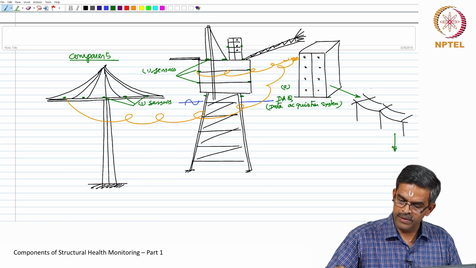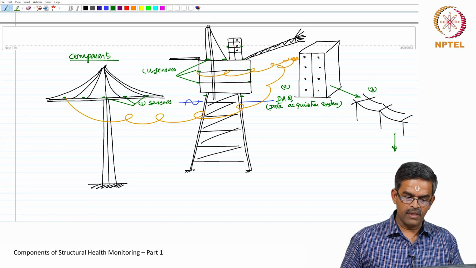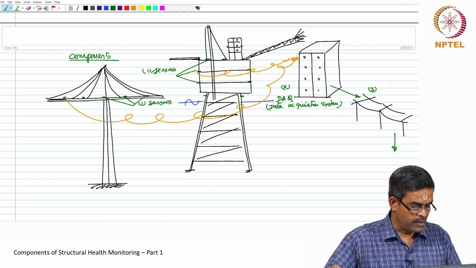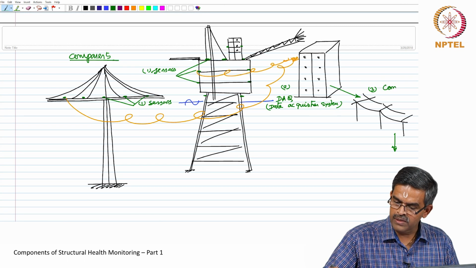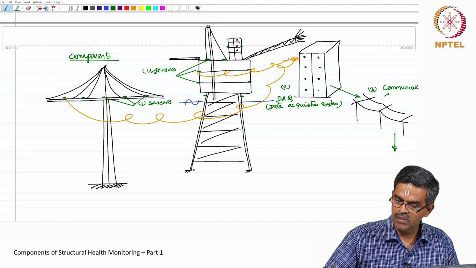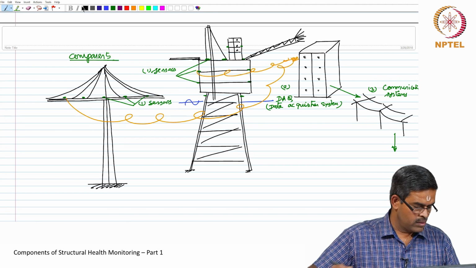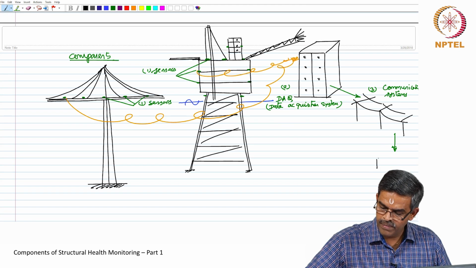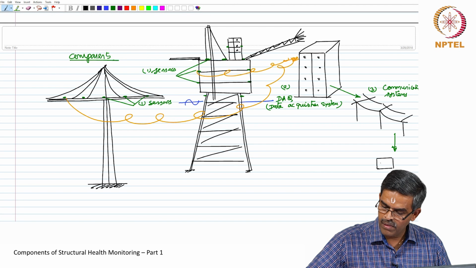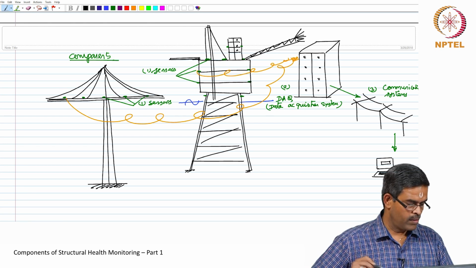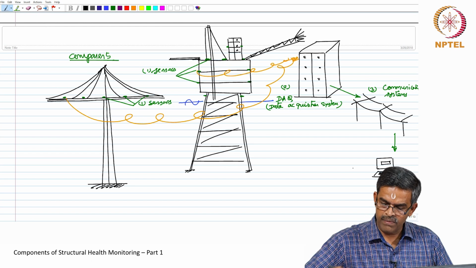So, the third component in the health monitoring system is the communication systems, which will collect the data for post processing.